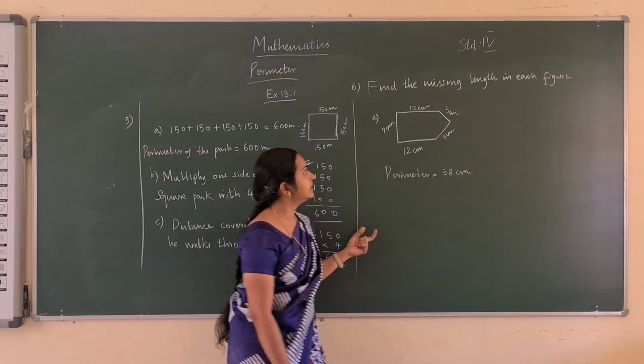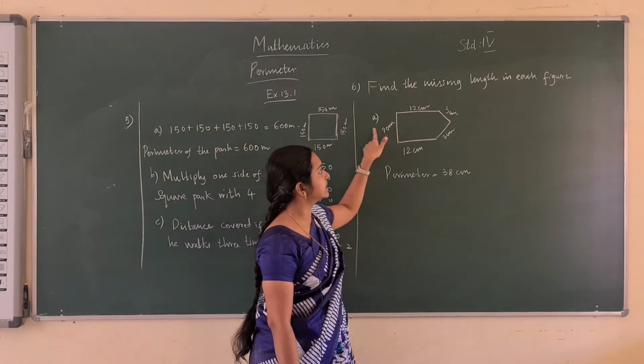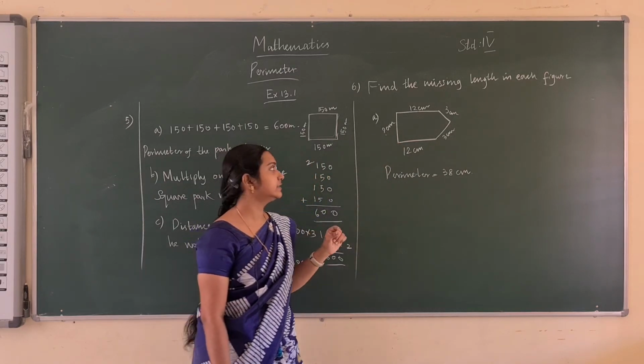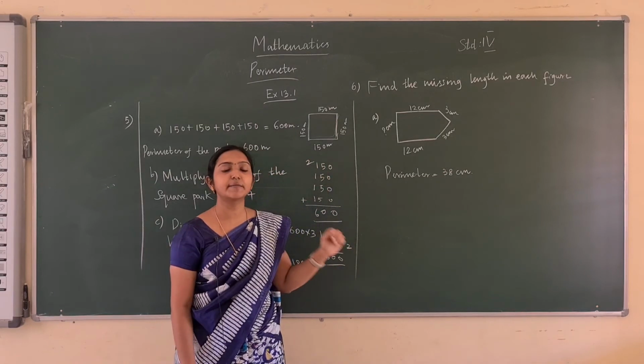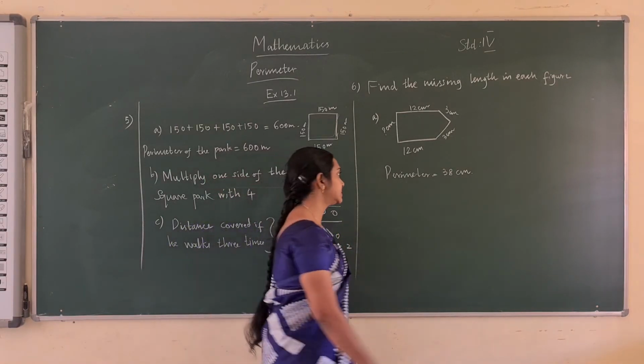We have to find the missing length. Here is the missing length. To find the missing length, we have to add all the given lengths and then subtract the sum from 38. We will get the missing length.